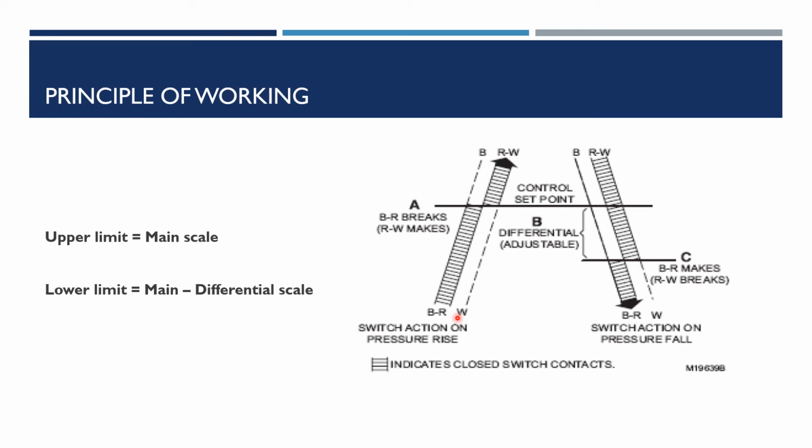Normally open was open, then it becomes closed after you reach your upper limit. Then if you want to go back, you have to come back to the lower limit in order to go back to the original state. So this is in principle the difference between upper limit and lower limit, and how this connection keeps changing with the upper limit and lower limit.